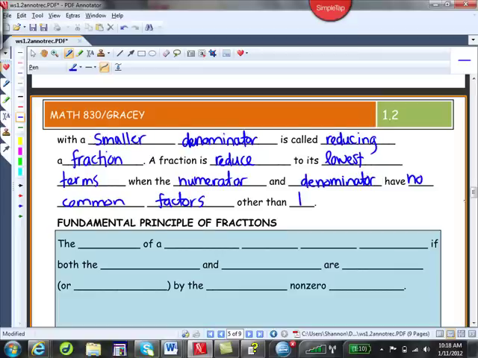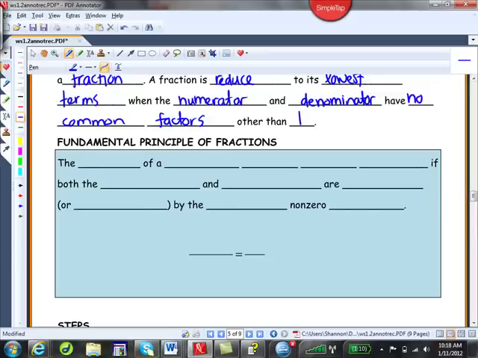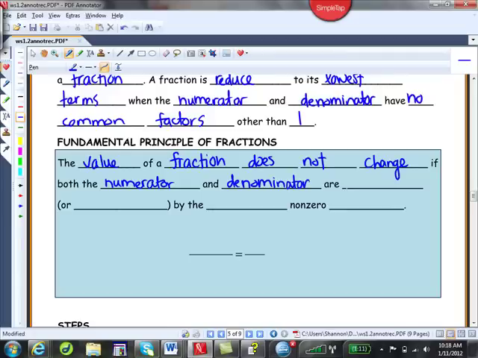Okay, fundamental principle of fractions. The value of a fraction does not change if both the numerator and denominator are divided or multiplied by the same non-zero number.